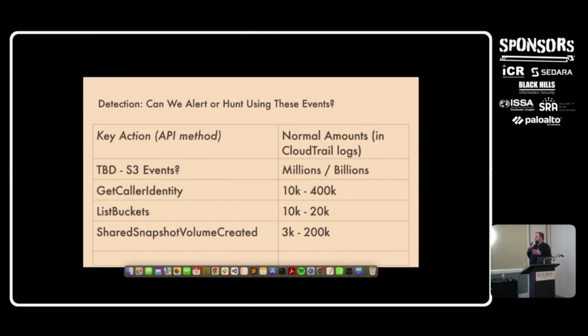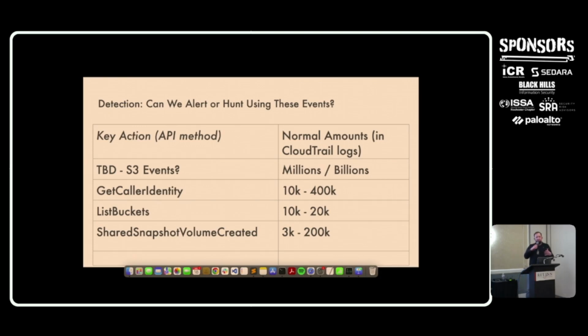So, if we ask the question of whether we can alert on these, or whether we can just simply alert on these, we really can't, because these actions in CloudTrail data of medium or large-sized organizations, depending on how large your AWS world is, these actions can exist in the tens of thousands, or there can be hundreds of thousands of instances of these actions in the logs for a time frame of between 1 and 4 weeks.